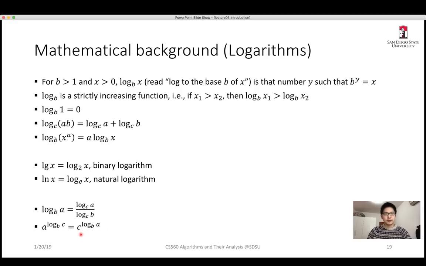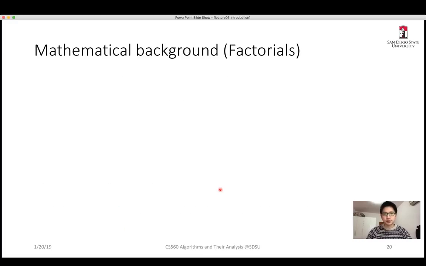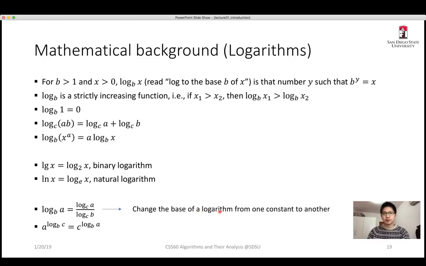If you take the logarithm on both sides, then according to the exponential property here, you can move the index log b of c out, so that you can prove the equality of this equation. Okay, so this is called the change of base of logarithm from one constant to another. This will be a very useful property.